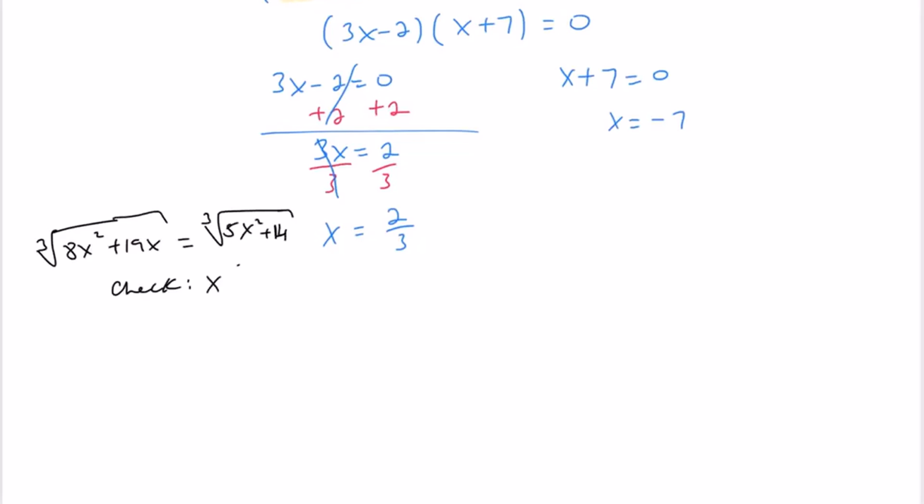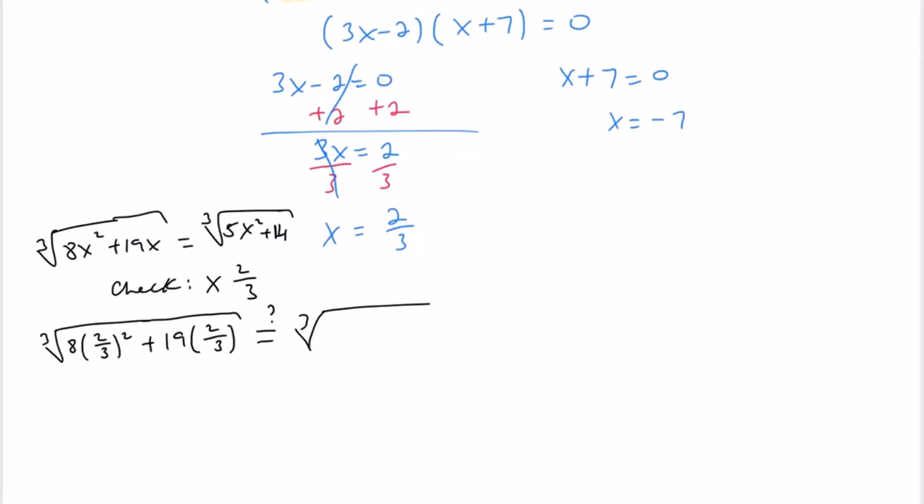Let's check x is 2 over 3 first. So we have the cube root of 8 times 2 over 3 squared plus 19 times 2 over 3. Is this equal to the cube root of 5 times 2 over 3 squared plus 14?